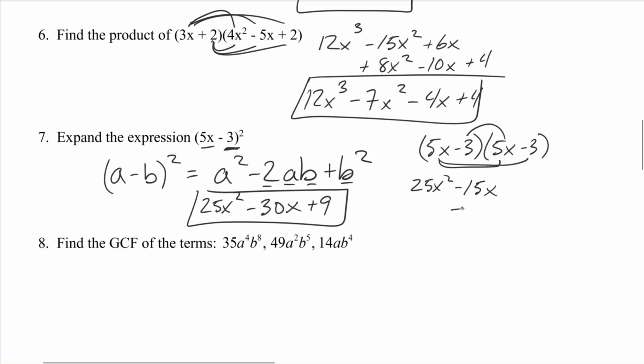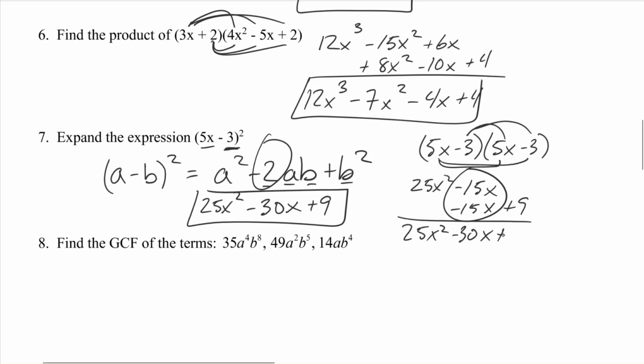Negative 3 and 5x make another negative 15x. That's why we're multiplying their product times 2. And then negative 3 and negative 3 make positive 9. So that's where the negative 30x comes from, because there's 2 of those. That's where the 2 comes from here.